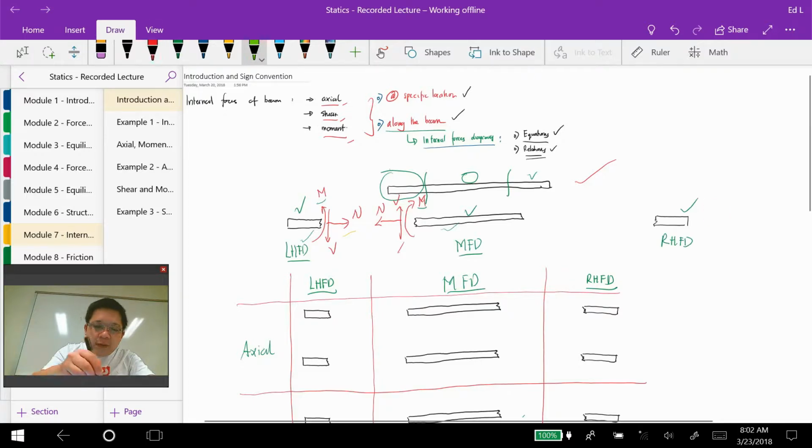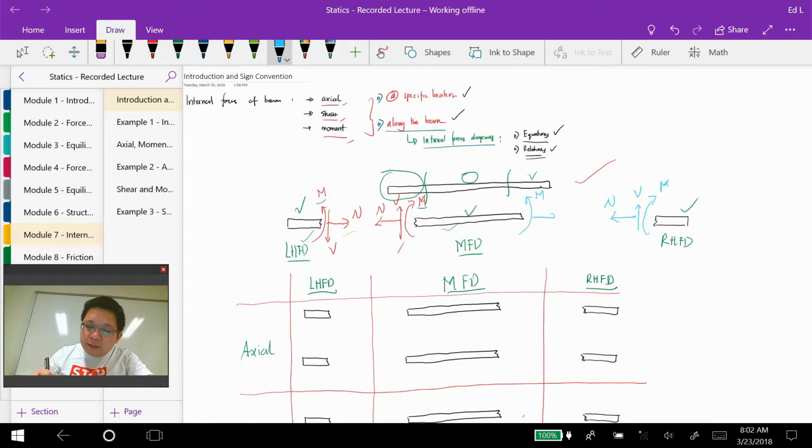To sketch the internal forces in the right hand free body diagram, it will go this way, and then it will go this way. Same thing here: it has to be in the opposite directions but with the same magnitude.